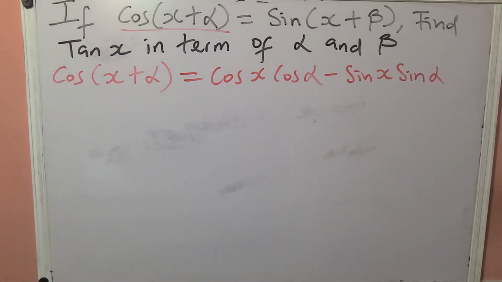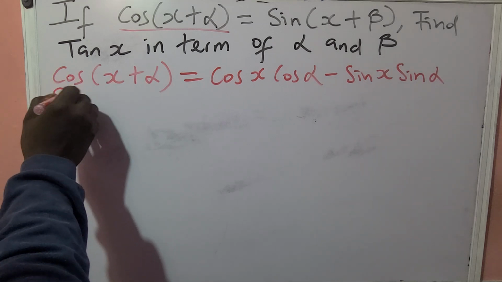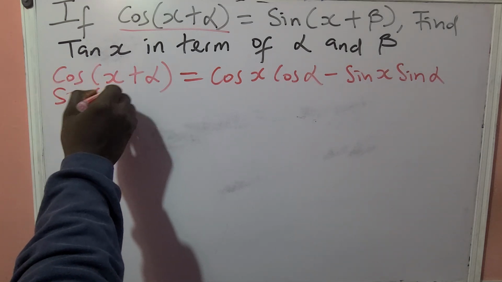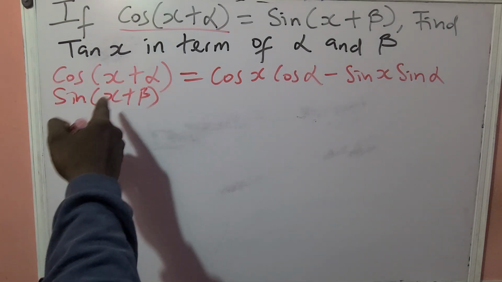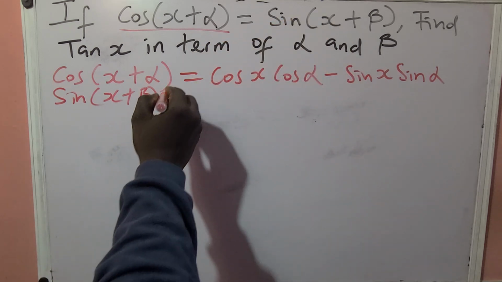So this is an identity, and I told you already in a previous video that identities make our work quite simpler. So we have them handy, we can easily use them to tackle any question we have. The same goes for the compound angle for the sine of an angle plus another angle, like in this case, sine of x plus beta.